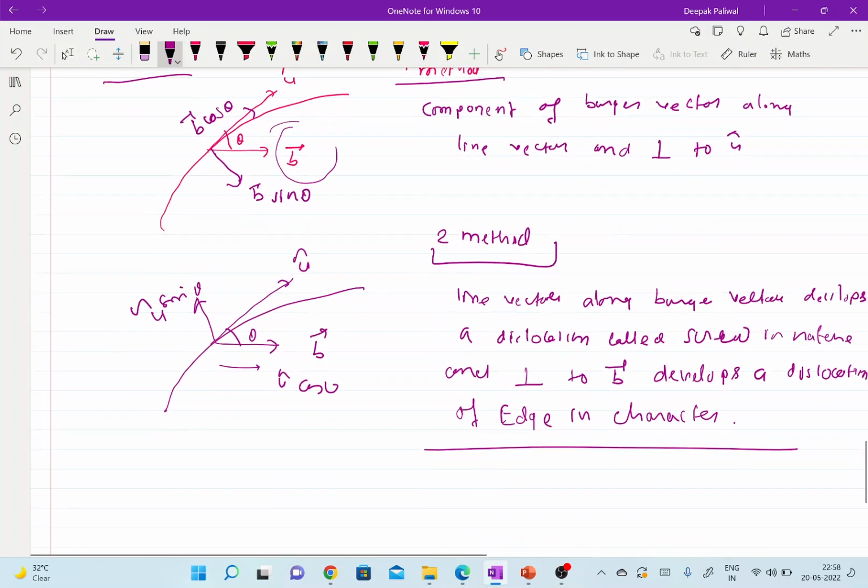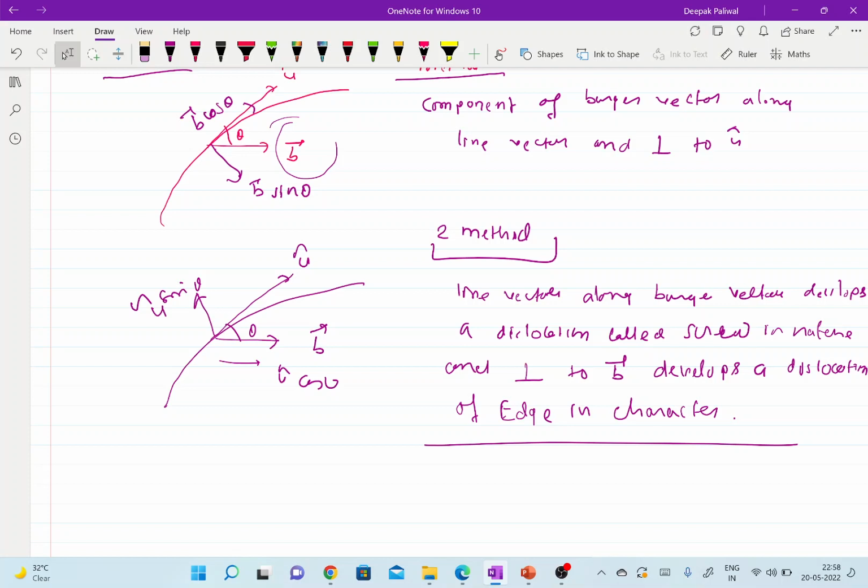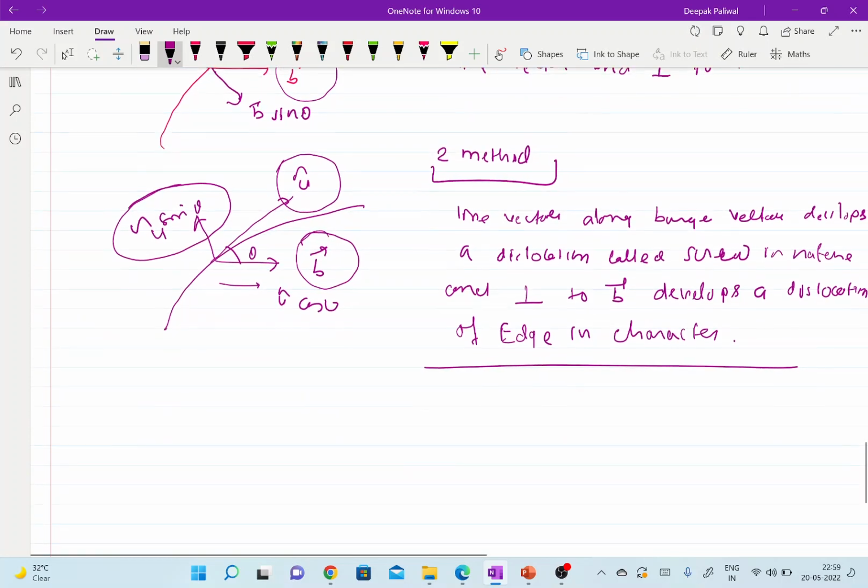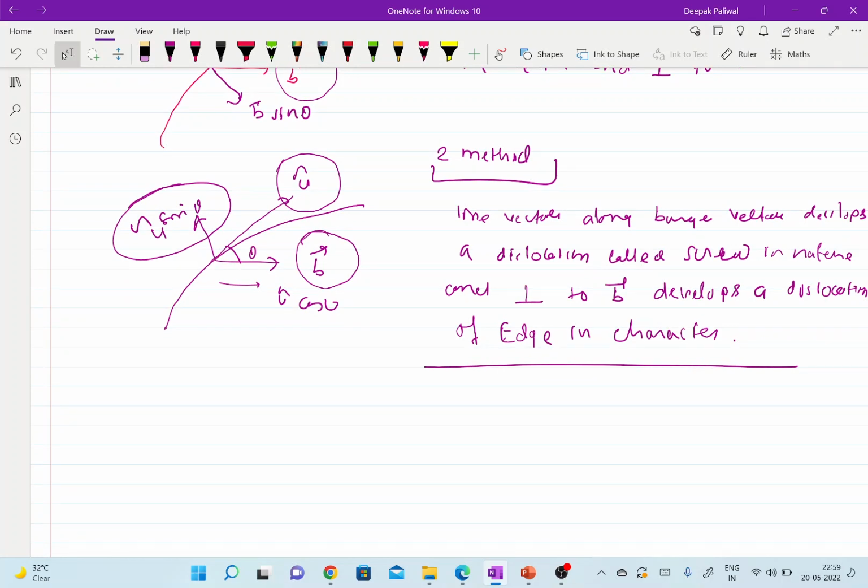In the second method, we can take the component of the line vector along the Burgers vector and perpendicular to the Burgers vector. The component along the Burgers vector develops a dislocation with screw nature, and the component perpendicular to the Burgers vector develops edge character.